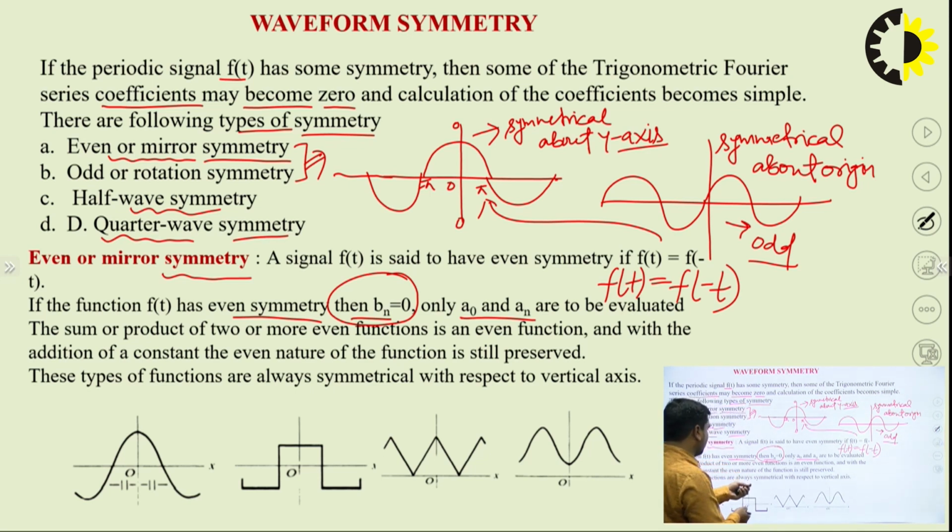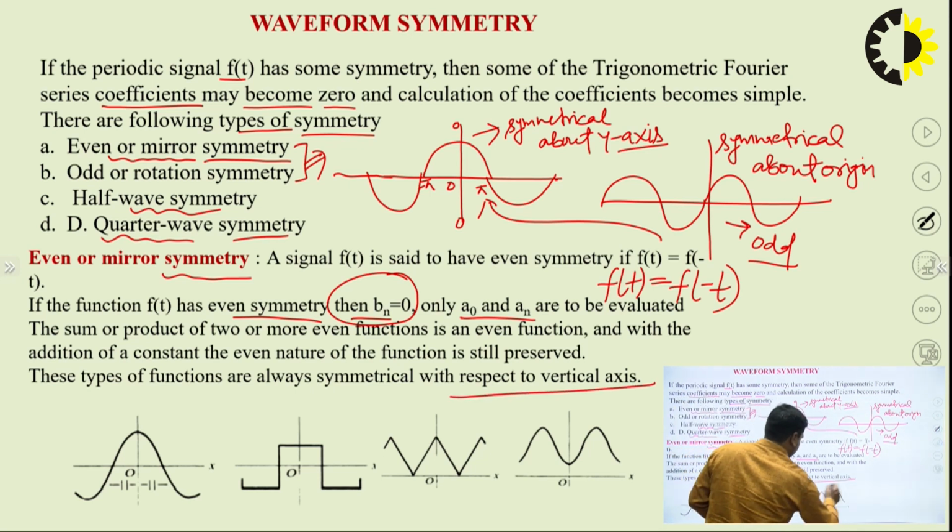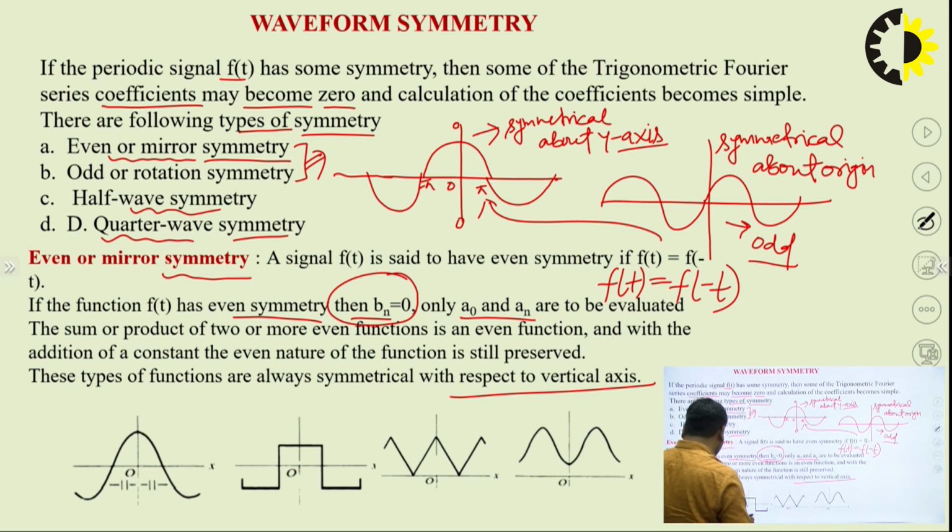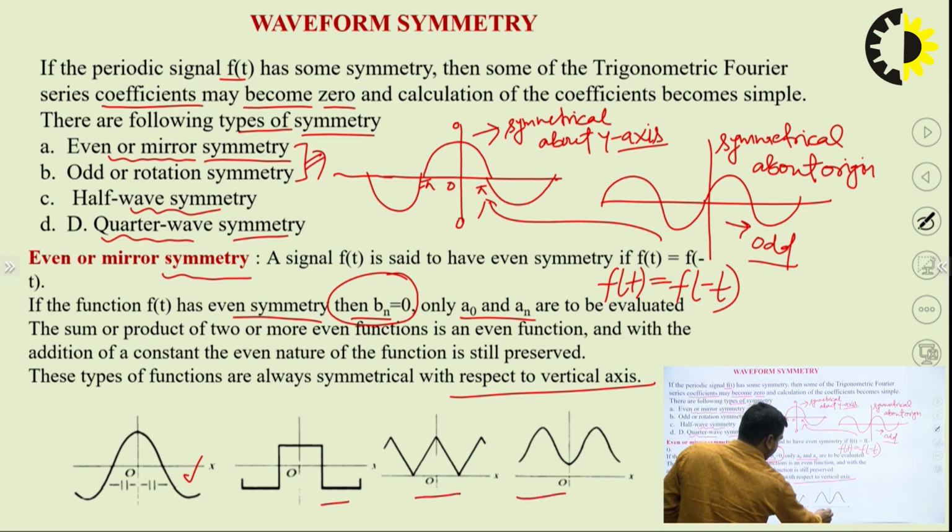These functions are always symmetrical with respect to the vertical axis, as discussed earlier. Waveforms such as square and triangular, if given in a question, we already know have even symmetry, which means bn becomes 0. We need to calculate only two coefficients, a0 and an.